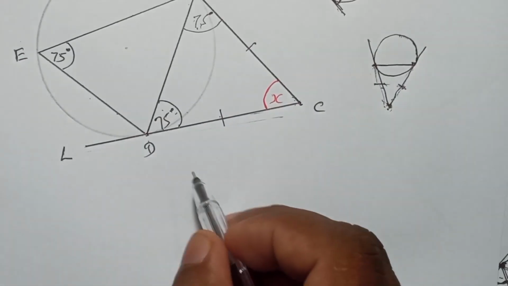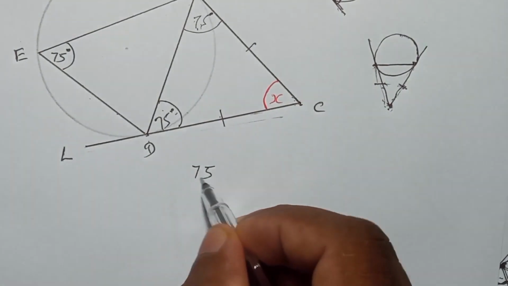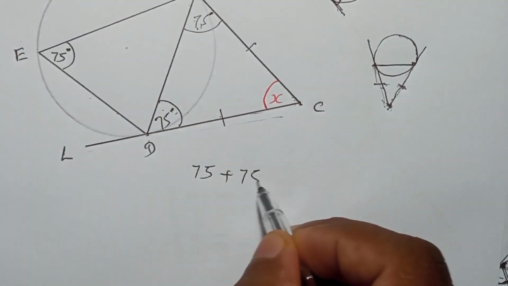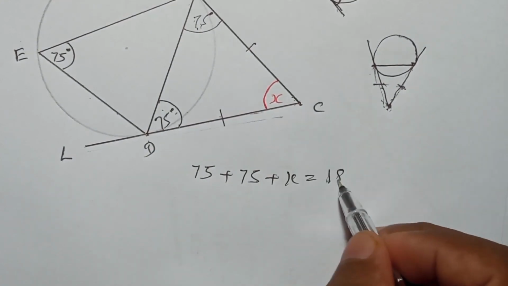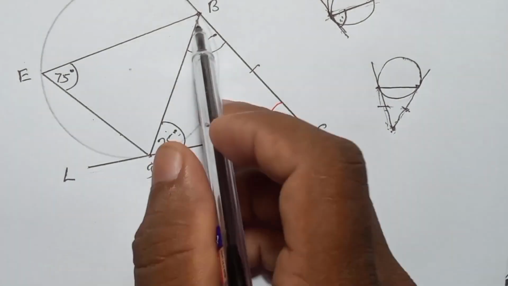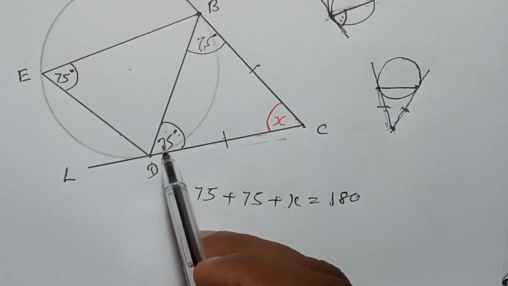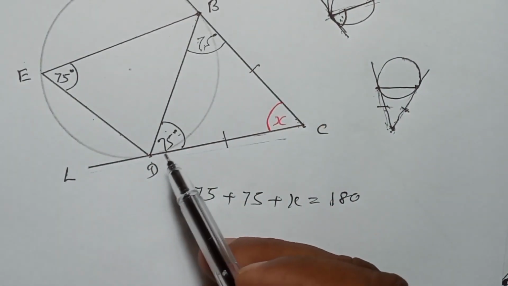So now you can write 75 plus 75 plus x equals 180, because these three add up to 180, the interior angles of a triangle.